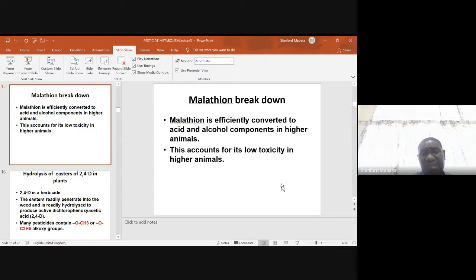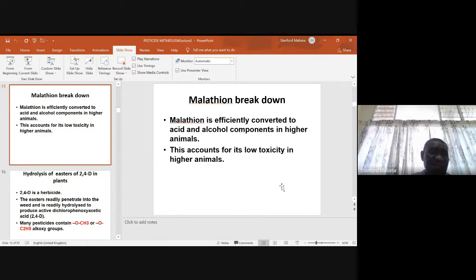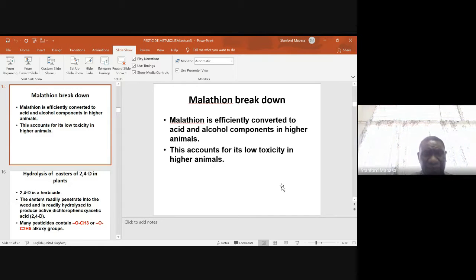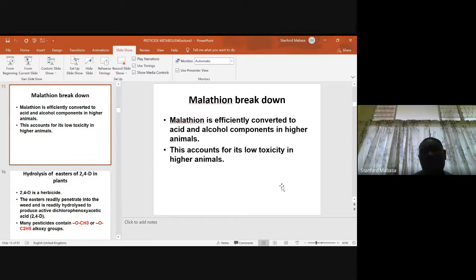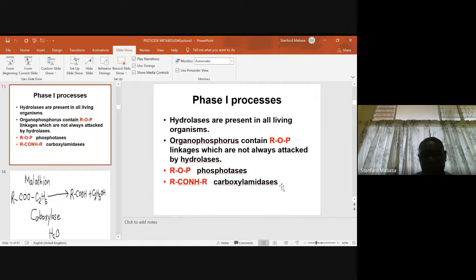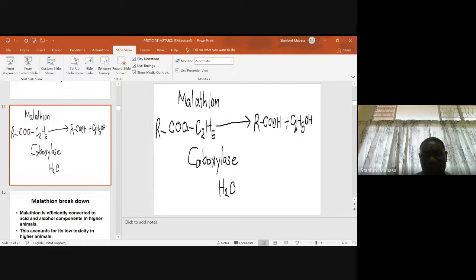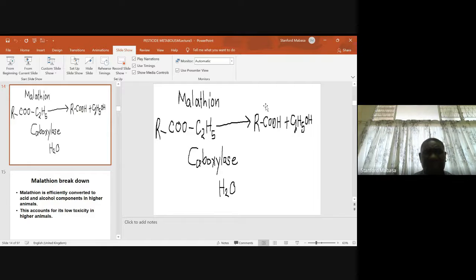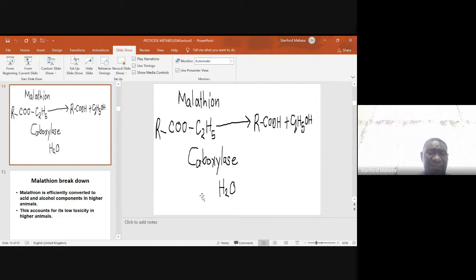But the difference is that in higher animals, malathion can be broken down very fast by carboxylases or hydrolysis. So this ester is attacked by the carboxylase.